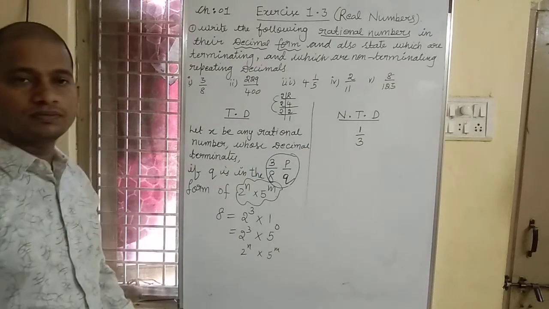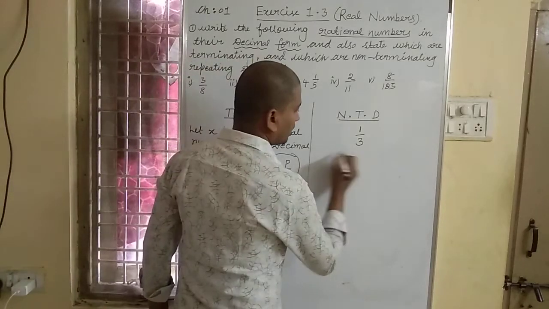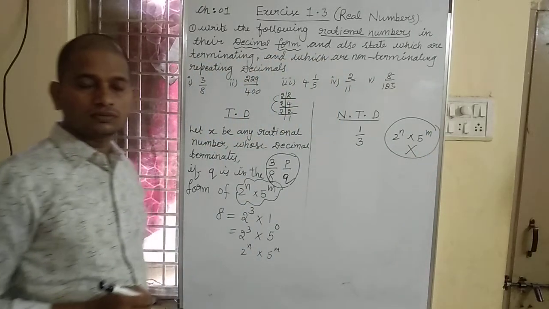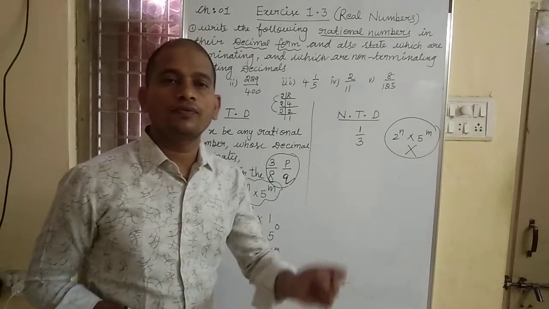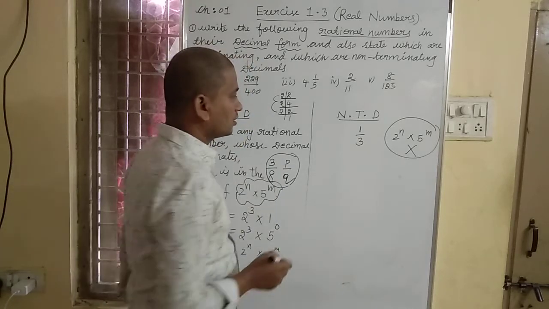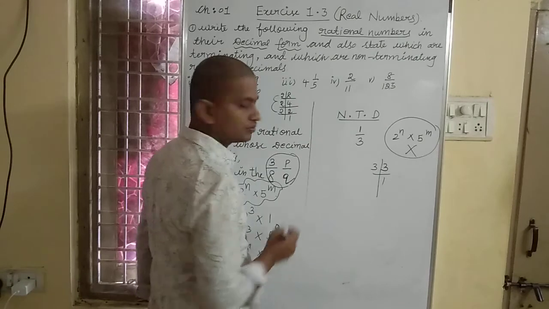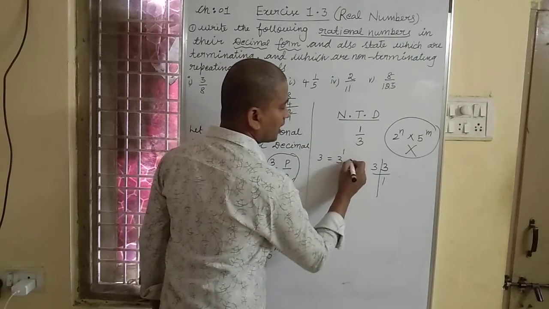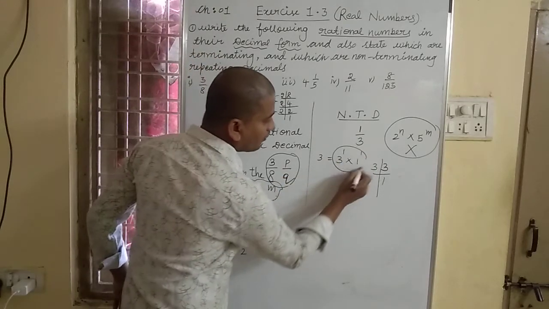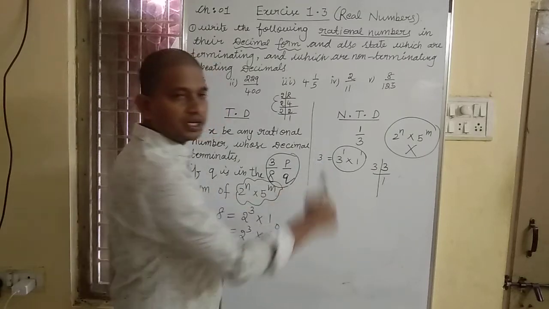Let x be any rational number whose decimal non-terminates, then the denominator is not in the form of 2 power n into 5 power m, and it is a non-terminating decimal. Here the denominator is 3. 3 is a prime number, so 3 I can write as only 3 power 1, which is not in the form of 2 power n into 5 power m. Hence it is a non-terminating decimal.